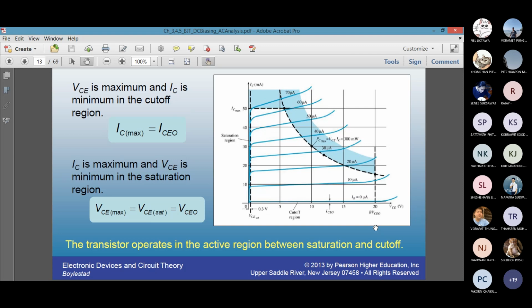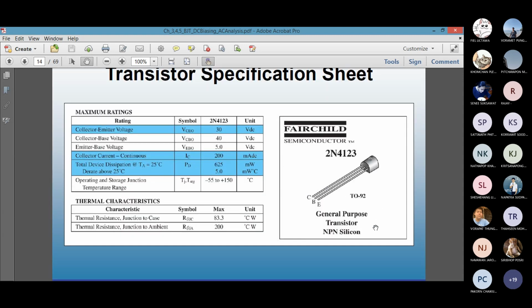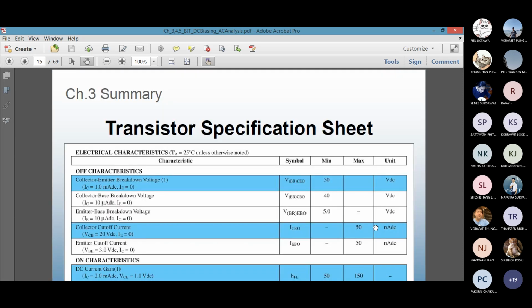So you have to make sure that the product of output current and output voltage should not become more than the PD max. Here in this example, 300 milliwatts. Some examples of a BJT spec sheet.